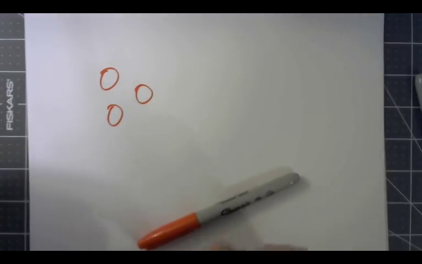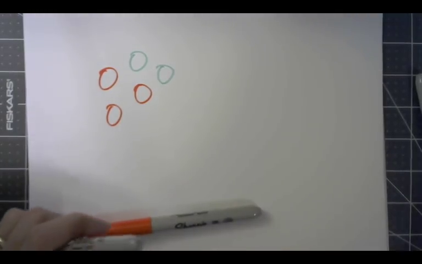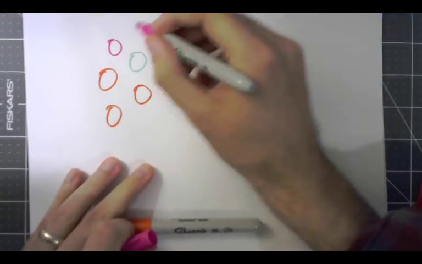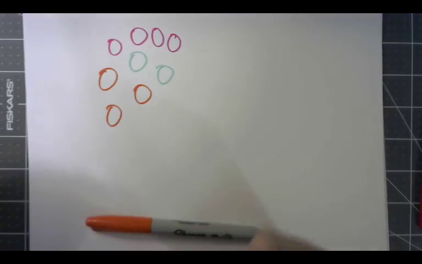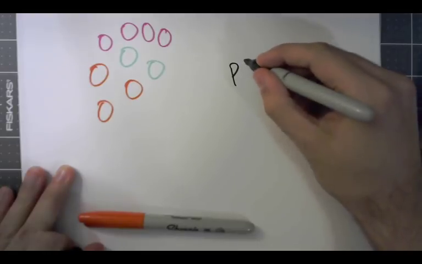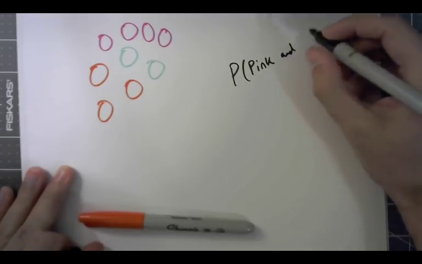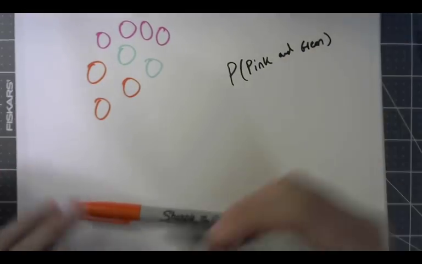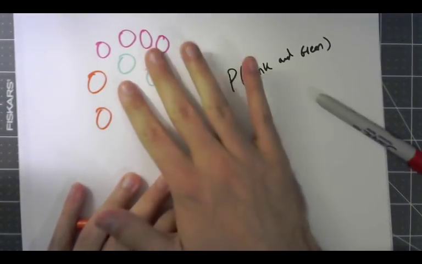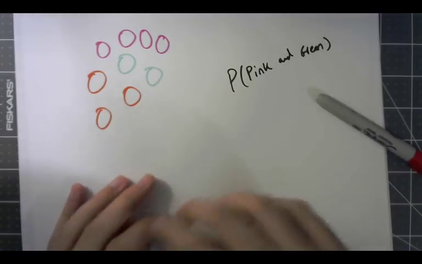So we're going to make a probability question where we have these marbles. We need one more color. Let's do pink. We have these 9 marbles here: 4 pink ones, 2 green ones, 3 orange ones.